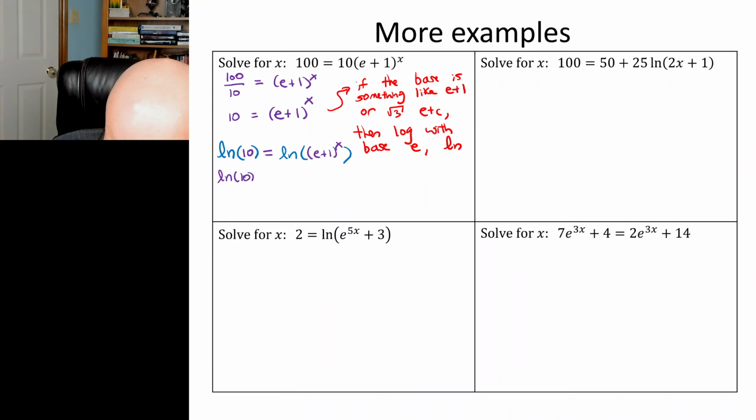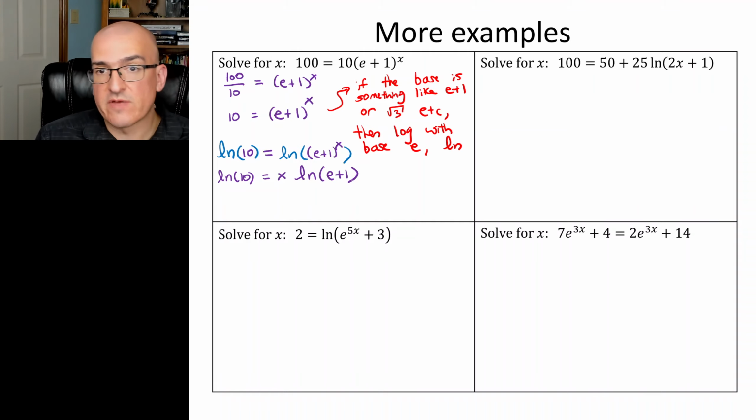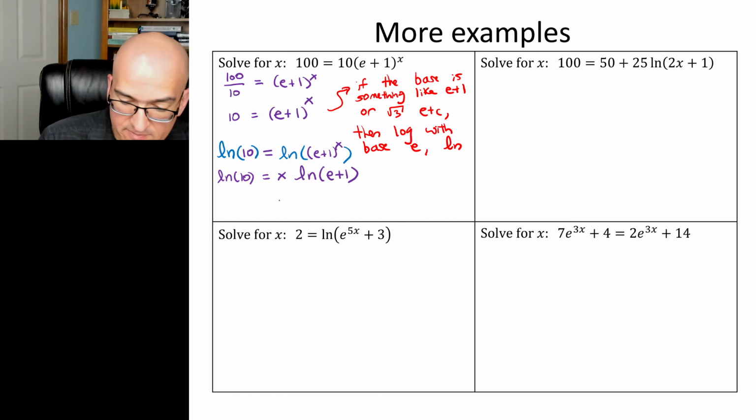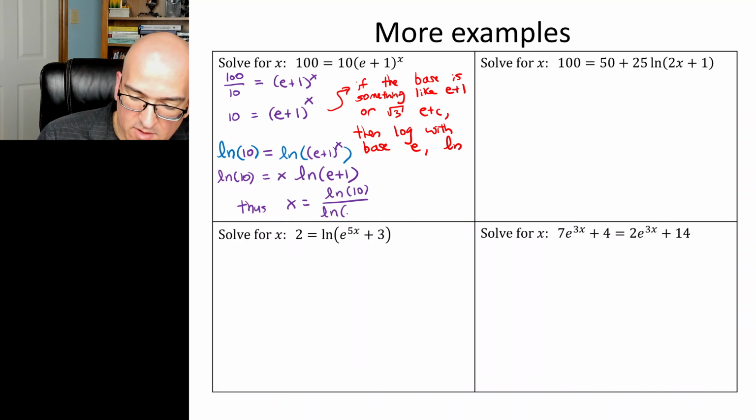So ln 10 is equal to x times the ln of e plus 1. And we're almost done. We just have to divide both sides by the ln of e plus 1. Thus, x is equal to the ln of 10 divided by the ln of e plus 1.